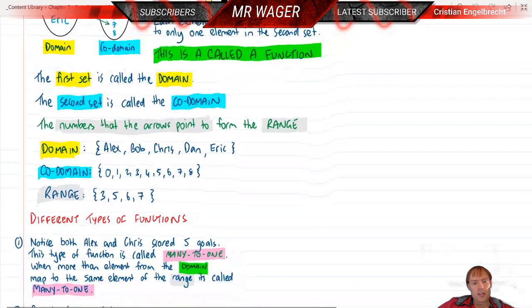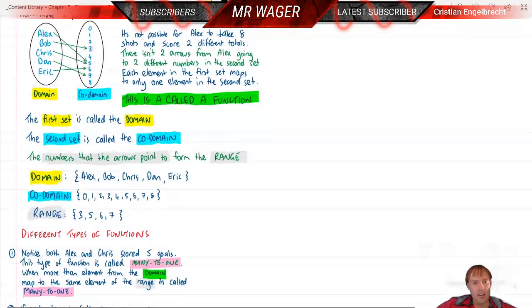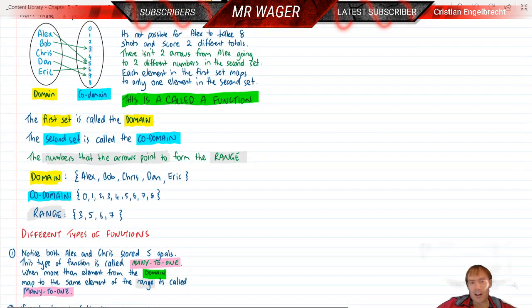So notice I'll just zoom out even further. Hopefully it's not too small on your screens. Notice both Alex and Chris scored 5 goals, okay? So this means that these two arrows here are pointing to the same number, okay? So these two arrows in the domain are pointing to the same number in the codomain.